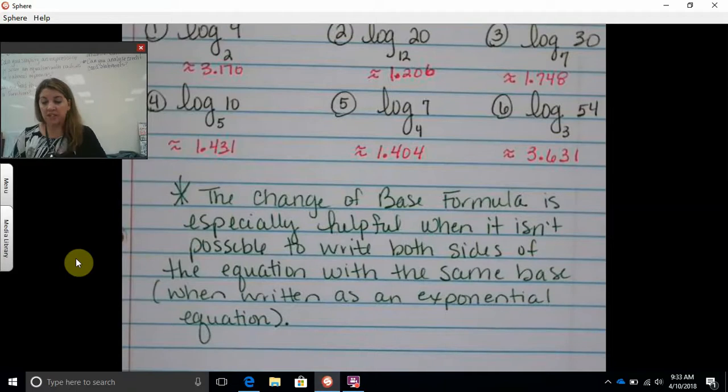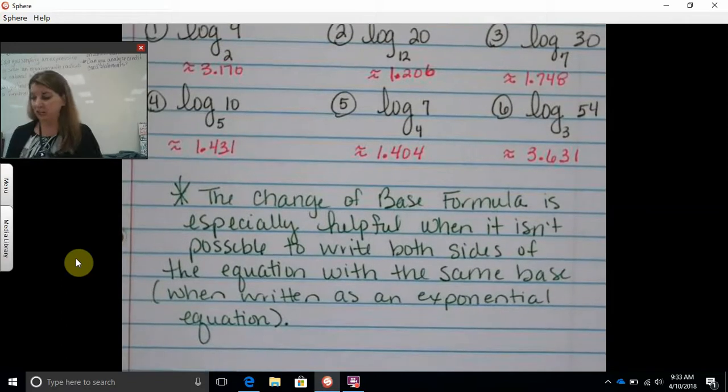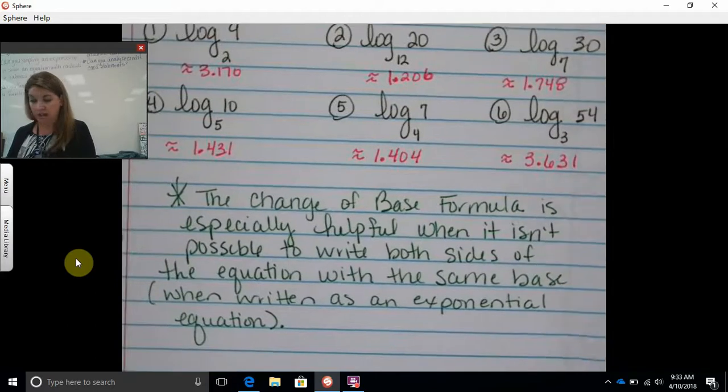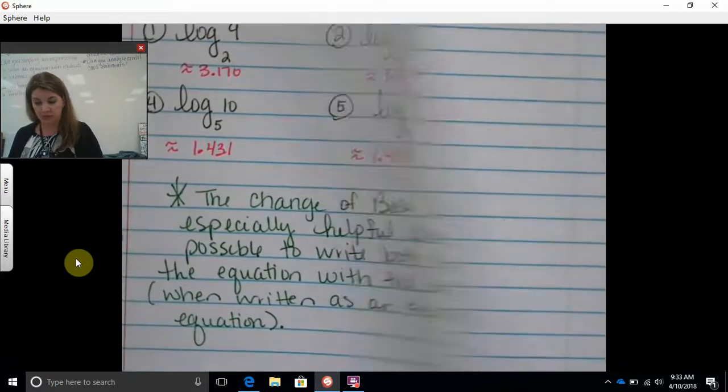All right, so on the next couple of pages, I'm going to show you how to solve equations using logarithms, change of base, and all that stuff. So on page 189, I know I wasted a lot of space on that page.